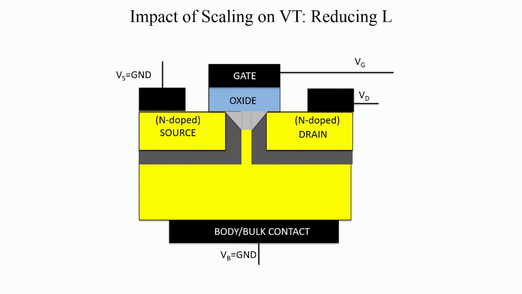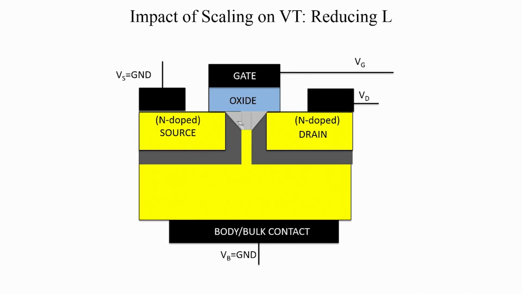Now, if you start scaling down the channel length, so now the channel length is reduced quite a bit, these depletion regions are not that small, we cannot really ignore them, they have gotten very close to each other. So, now this region suddenly forms a significant part of the total depletion charge. And now we need to start taking into account this area quite carefully in order to make our calculations on the threshold voltage.